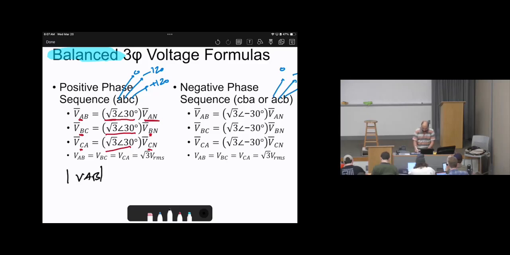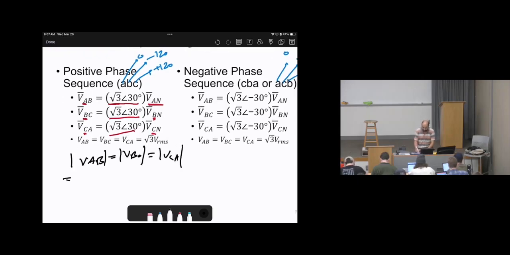Then when we look only at the magnitude alone, VAB as a magnitude equals VBC as a magnitude, because it's balanced, equals VCA as a magnitude. In other words, I'm going to call this magnitude VLL because they all share the same magnitude. And it's going to be square root of 3 times the magnitude, or VRMS, or in other words, V line to neutral, the RMS of line to neutral.